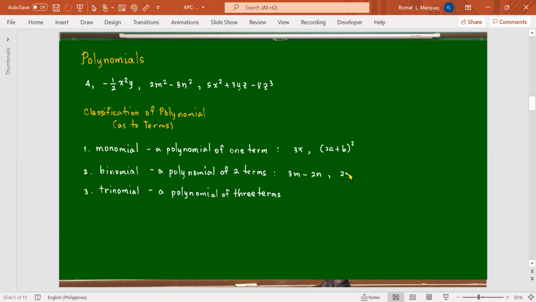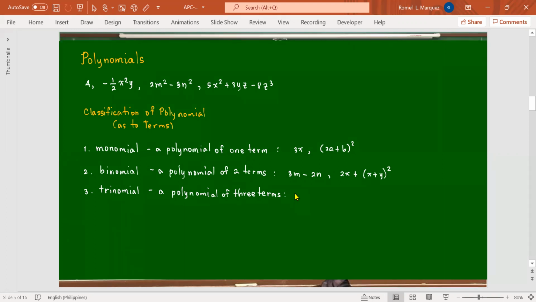This is also considered binomial. But after expansion, this will be what? Polynomial of 4 terms, okay? Because this will have 3 terms plus 1 term. But after simplification, it will be like that.